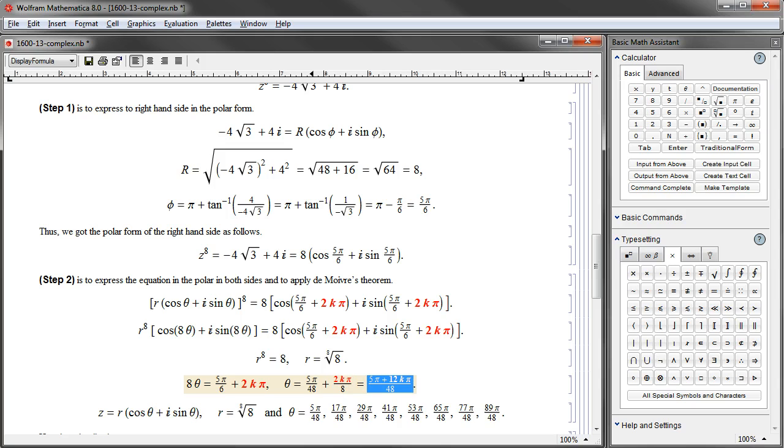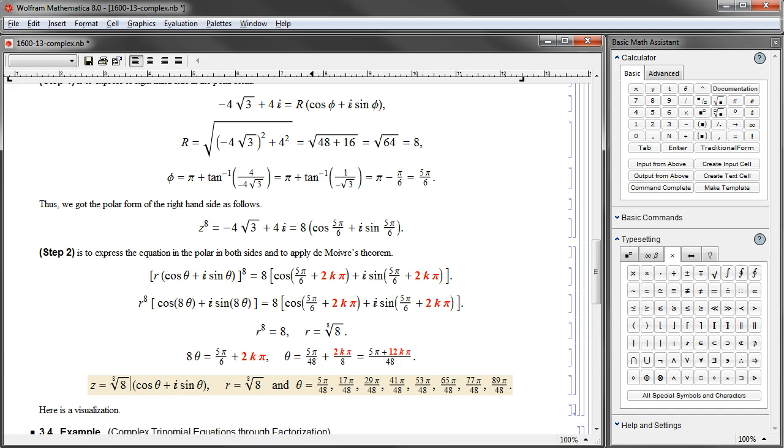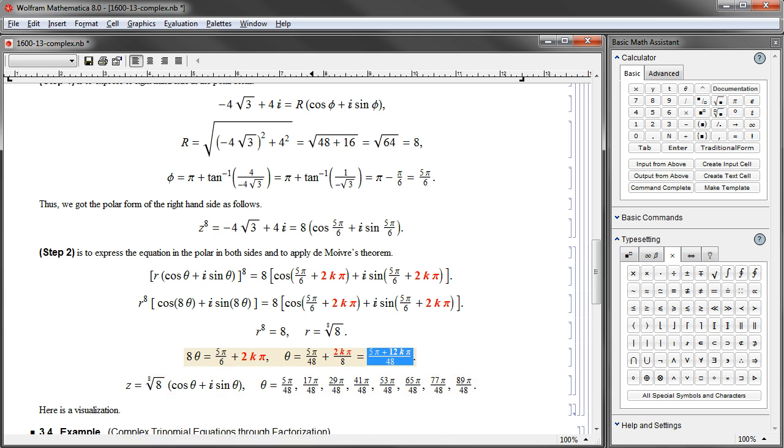Taking the common denominator, we get that. In other words, the polar expression turns out to be, as a matter of fact, we can just put this one in place of r right away, where the polar angle theta, or the argument theta, is obtained by plugging in k equals 0, 1, 2, 3, all the way up to 7, generating 8 different solutions.